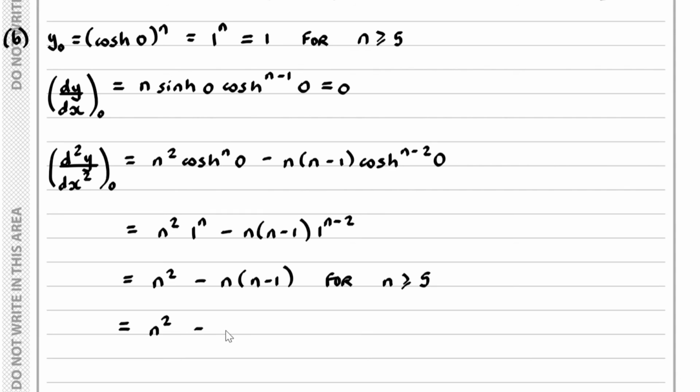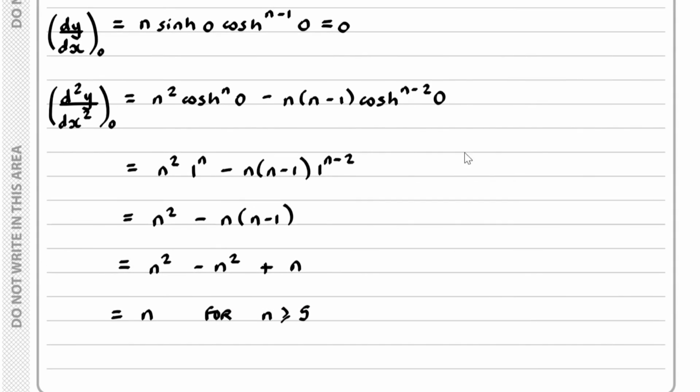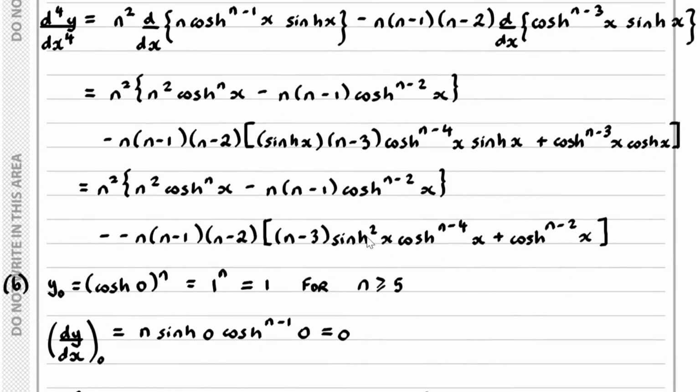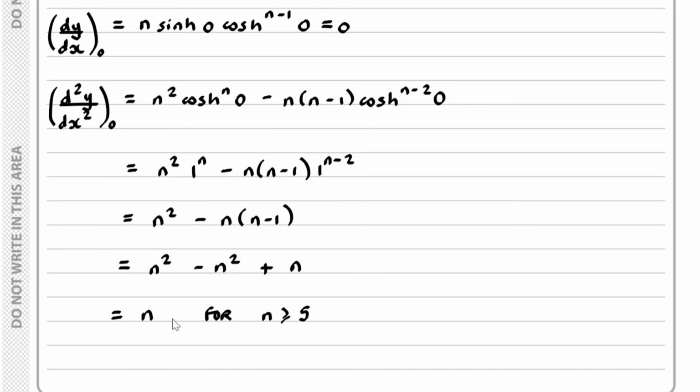So I've got n squared minus n squared plus n, which is just n. So I've got 1, 0, and then I've got n.